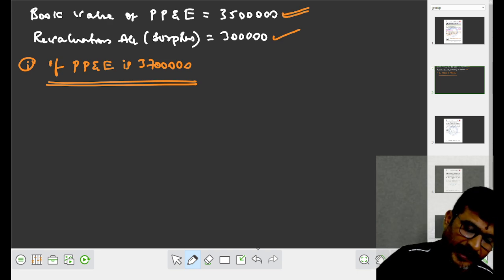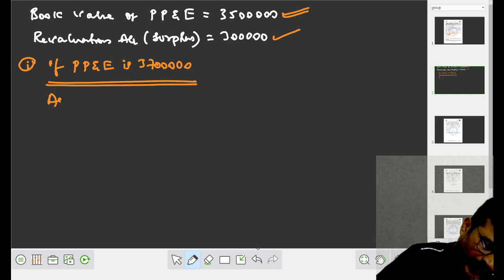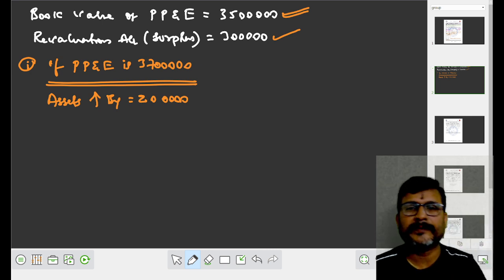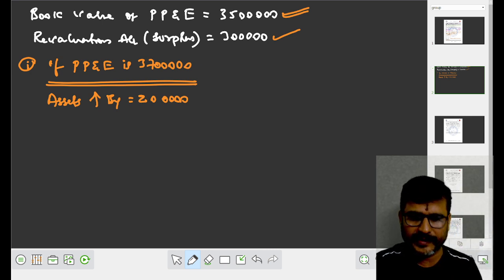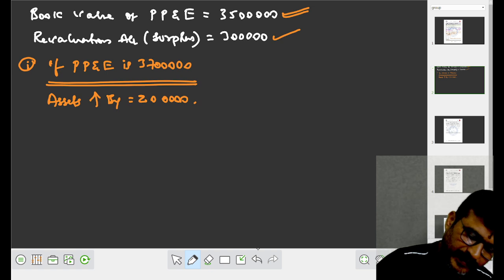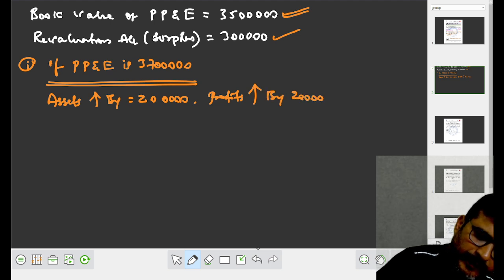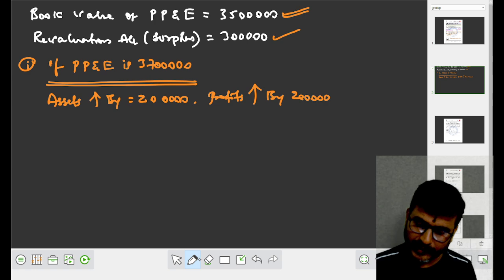It was 35 lakh. Now it is 37 lakh. What happened? Assets increased by 2 lakhs. When assets increased, profits also increased by 2 lakhs.